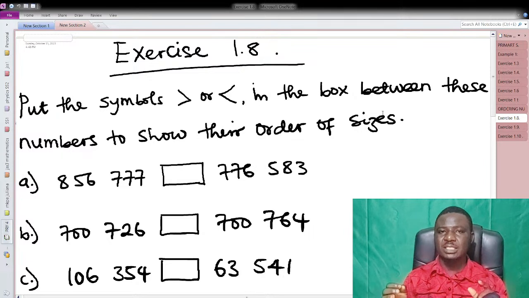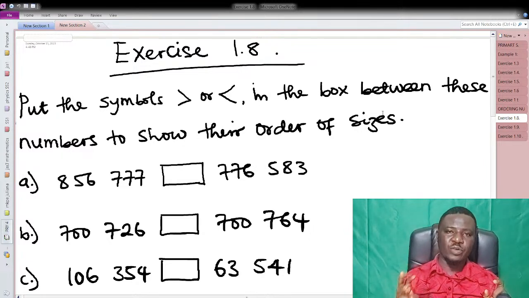And we have learned how to use the symbols greater than, less than, or equal to show the relationship between two numbers. So tomorrow we shall continue with more exercises on ordering.